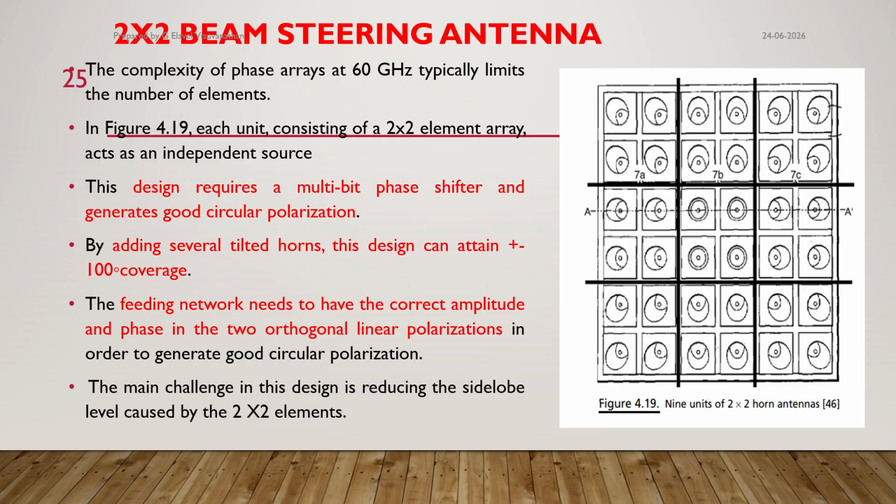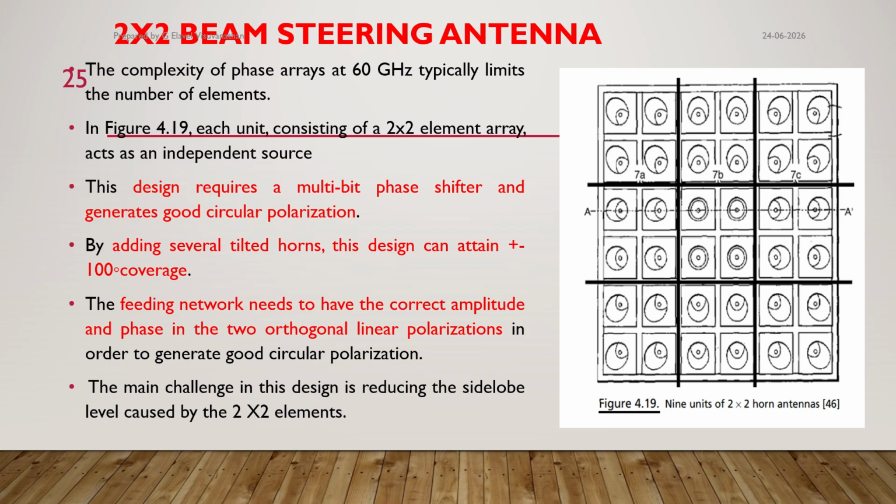2x2 beam steering antenna. So by the diagram you can see 9 units of 2x2 horn antenna. The complexity of phased array at 60 GHz is typically limited by the design, which requires a multi-bit phase shifter and to generate good polarization.